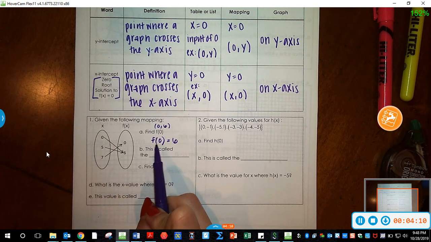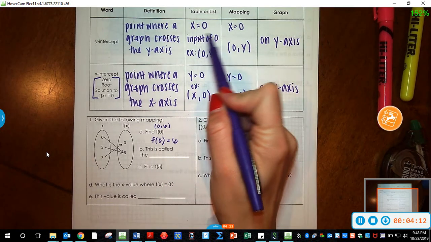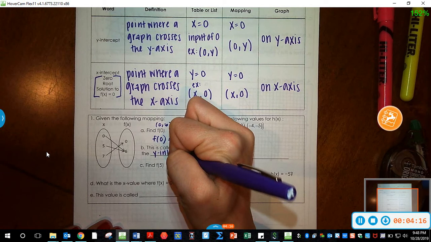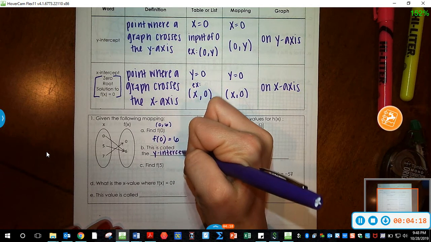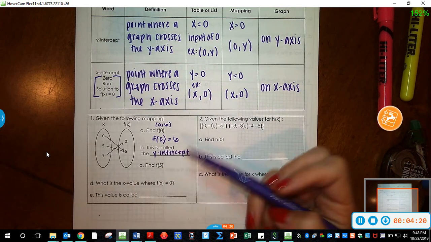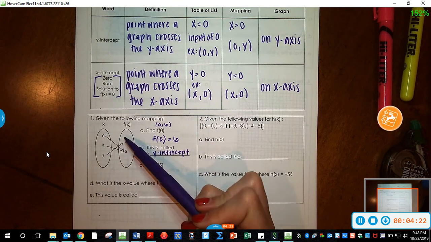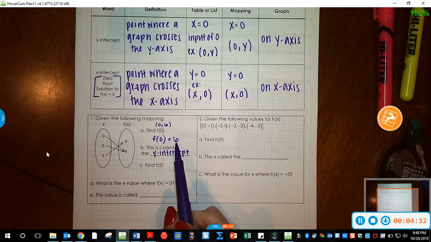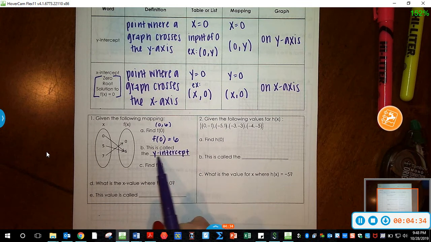Because my x is 0, this I can call my y-intercept. So again, anytime you see 0 in the x or the y, that should be a big red flag that it's going to be an intercept. We just have to then decide which one. Because this one gave me a y value, it was my y.